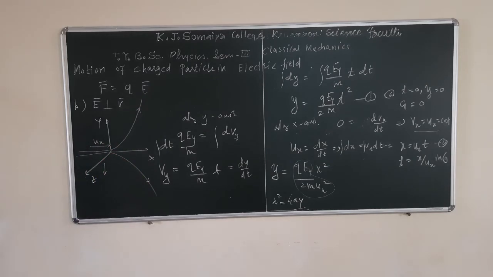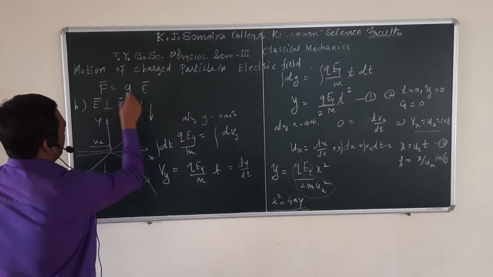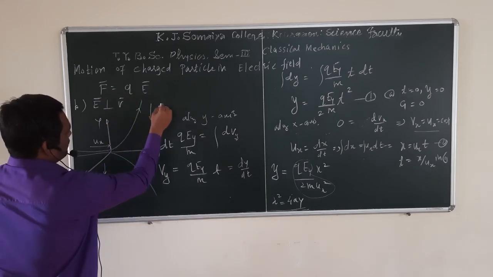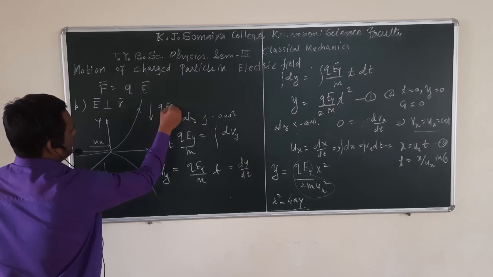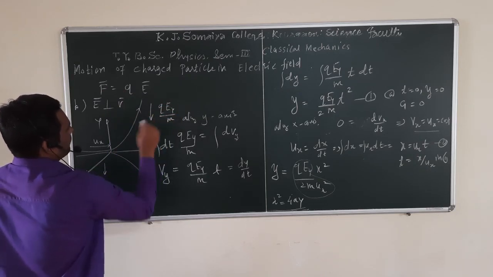Now there is one very interesting situation. We studied that situation in projectile motion. We know that if you apply an electric field, the force is like this, and the acceleration of the charged particle is q Ey upon m.